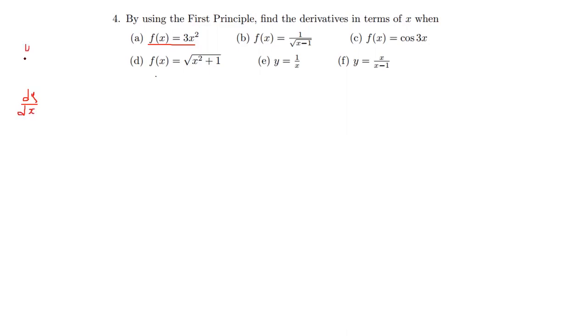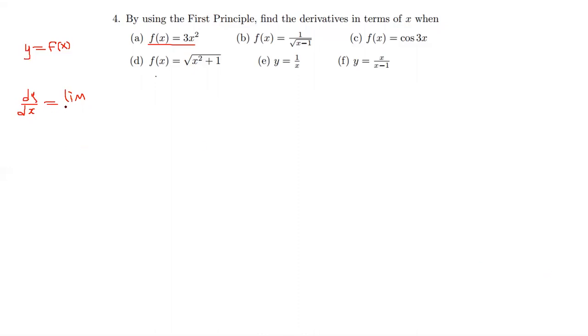If my function is equal to y, then on this side I have the function f of x. To find dy dx you have to take the limit. In short, the first principle just uses limits to find derivatives.